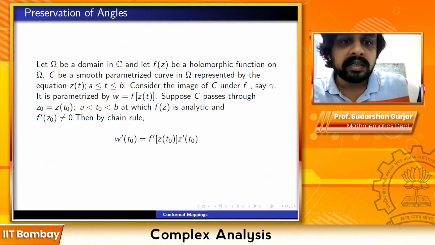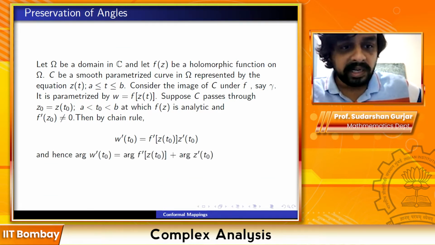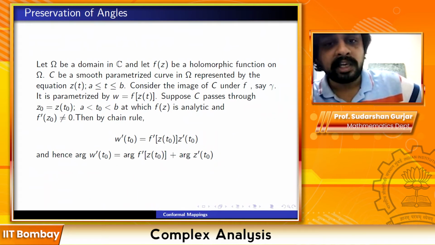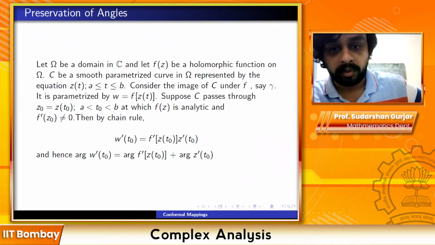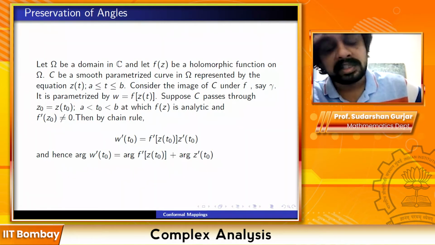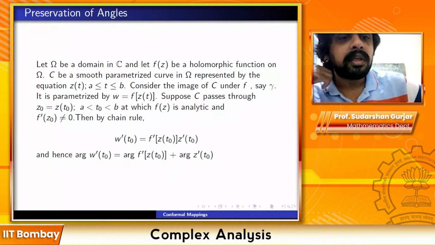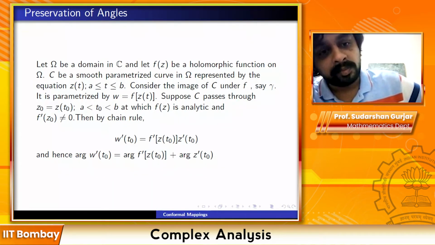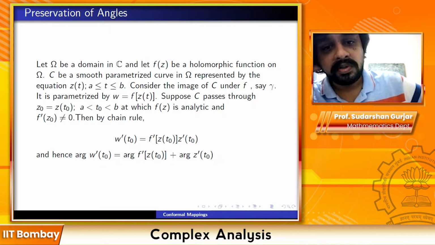Now since f prime of z of t0 is non-zero, we get argument of w prime t0 is argument of f prime z of t0 plus argument of z prime t0. Here I'm using that the derivative is non-zero, only then does the argument make sense. Argument adds when you multiply two complex numbers. So argument of w prime t0 is argument of f prime z of t0 plus argument of z prime at t0.